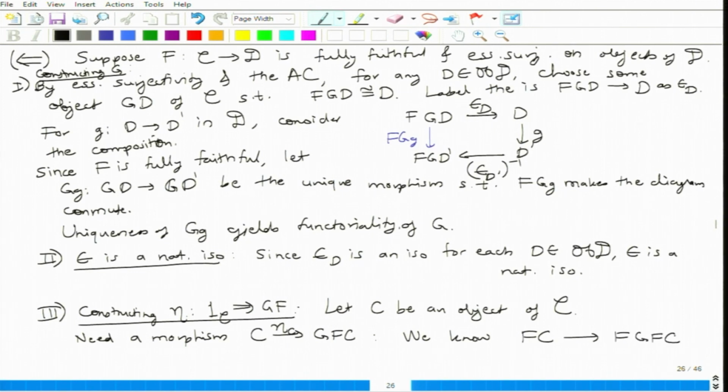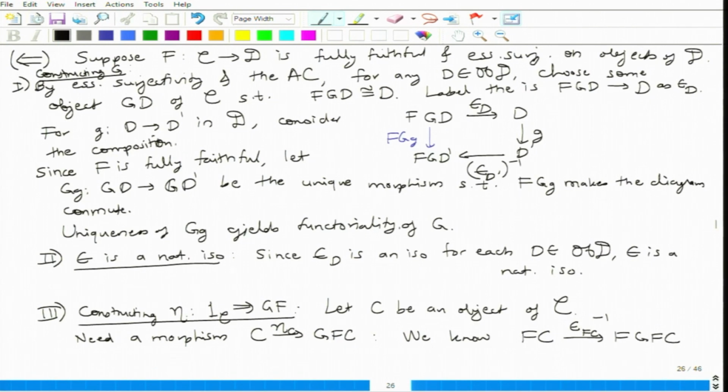We are going to use this trick multiple times throughout the course. Okay. Then what morphism do we know from here to here? FC to FGFC? F of epsilon C inverse. Epsilon C, no. Epsilon is only defined for D. Yes. So this is epsilon sub FC inverse.